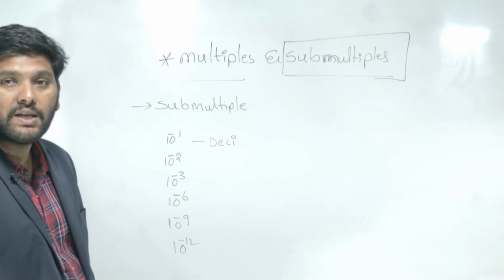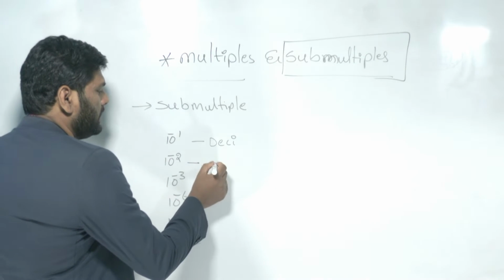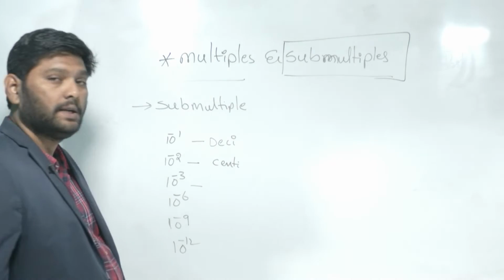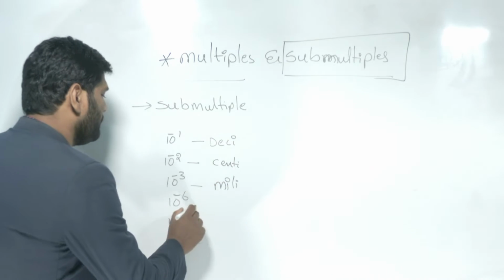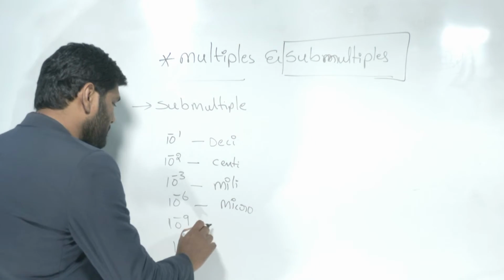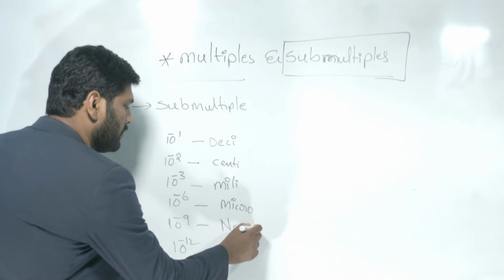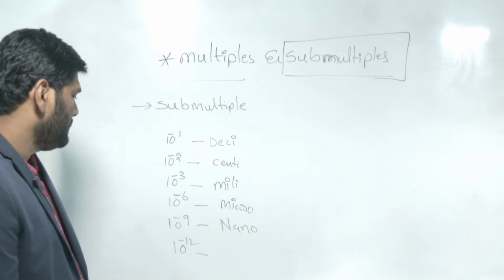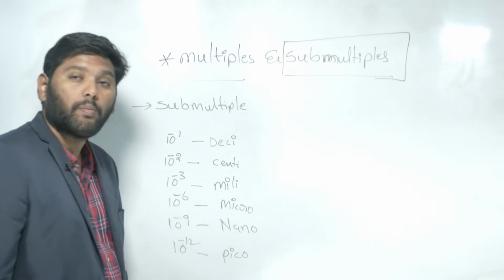The name of 10 power minus 2 is centi. The name of 10 power minus 3 is milli. 10 power minus 6 means micro. 10 power minus 9 means nano. 10 power minus 12 is pico.